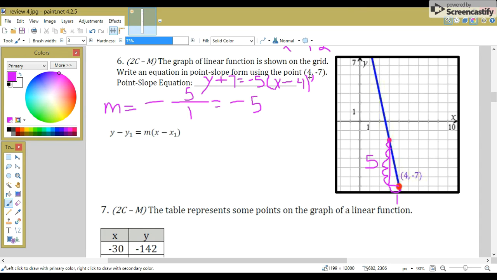We have x1 and y1 right here. m is -5, x1 was 4, and y1 was -7. These two negatives make a positive. And that's your point-slope equation.